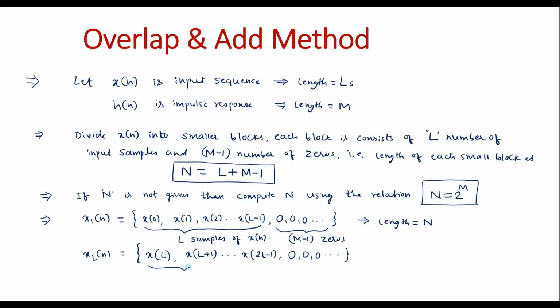So this is nothing but L new samples of x of n followed by m minus 1 zeros. This process will be continued until all the samples of x of n is considered.